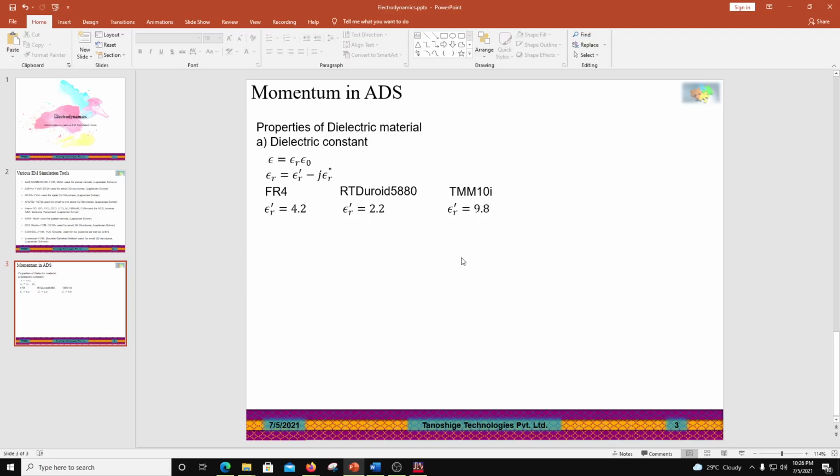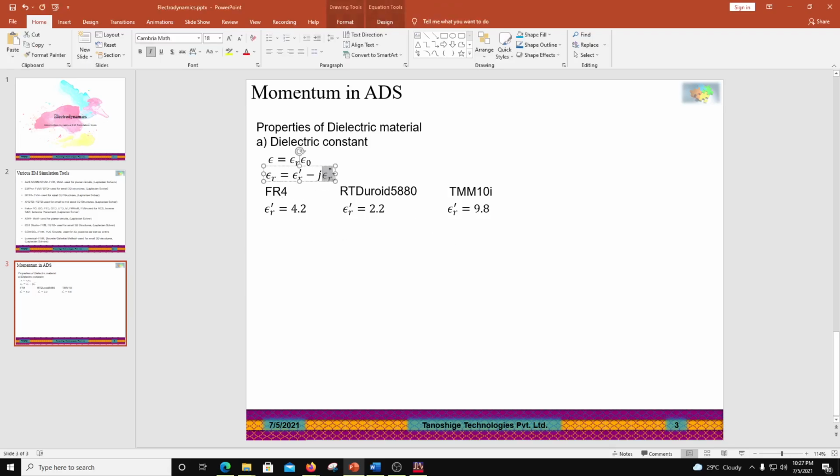Epsilon is epsilon r into epsilon 0, where epsilon 0 is 8.85 into 10 raised to minus 12 farad per meter. If epsilon r is higher than 1, then the velocity, which is c over the square root of mu epsilon, goes down. So the velocity of propagation goes down if you choose a larger dielectric constant. So you understand the significance of dielectric constant.